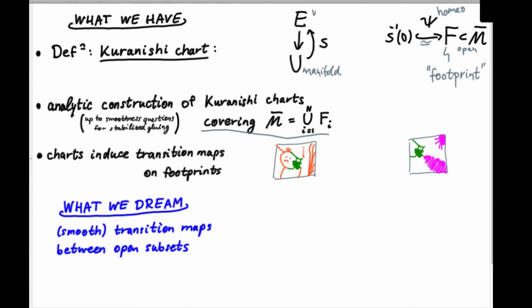In general, this could be a vector bundle. Or you could ask your manifold to actually be an open set in Rn. This is the most general version. Whenever I say Kuranishi chart next, what I really think is trivial vector bundle. So this will be U times E.